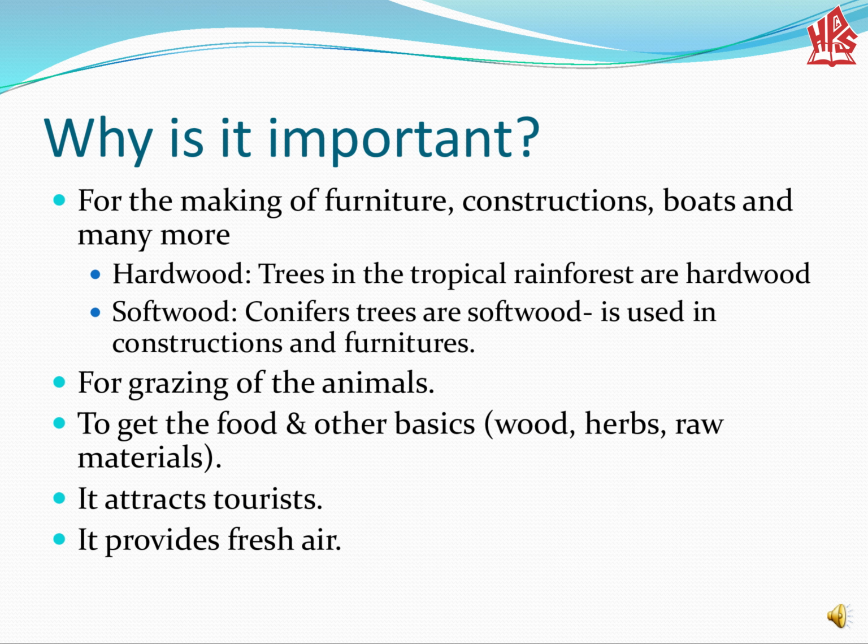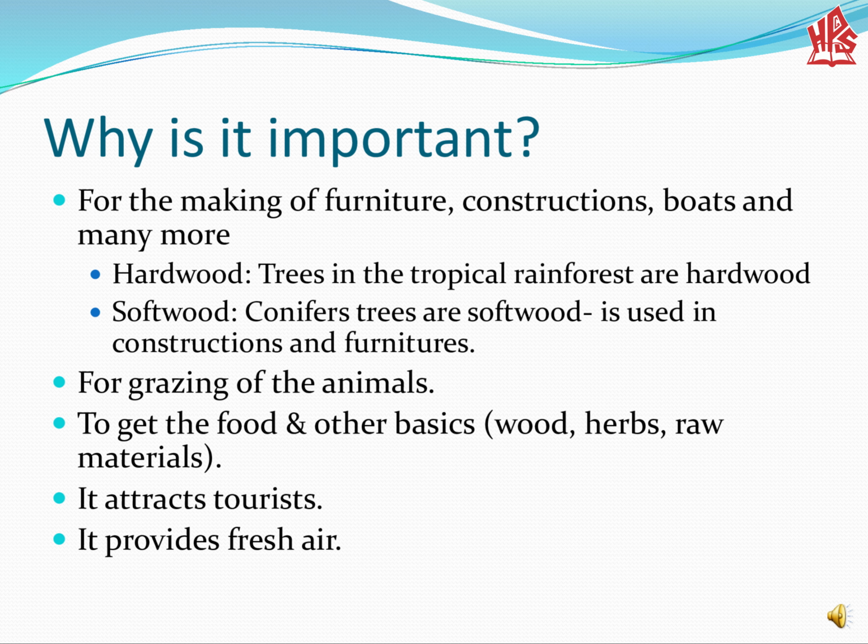As we discussed all the main important points in the previous slide, now we are talking about the other factors: it is used for construction, boats and many more. There are two categories of wood: hardwood and softwood.